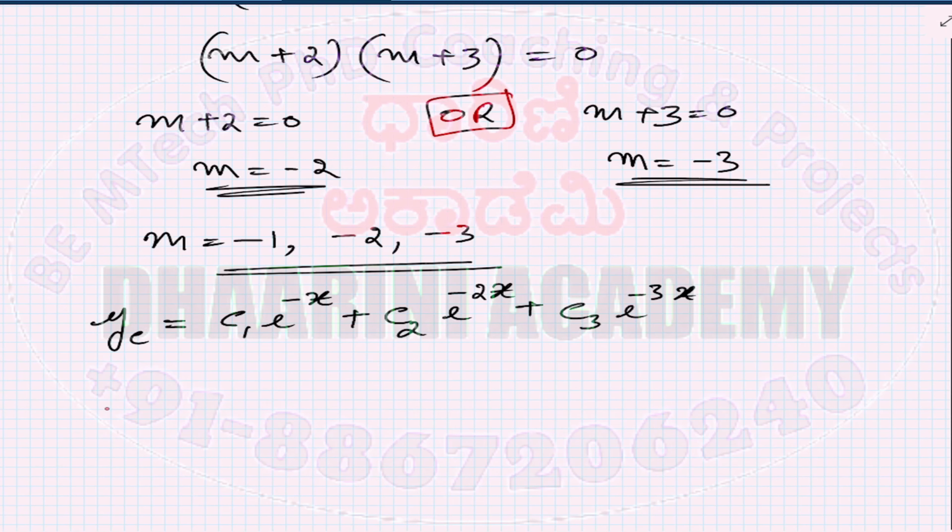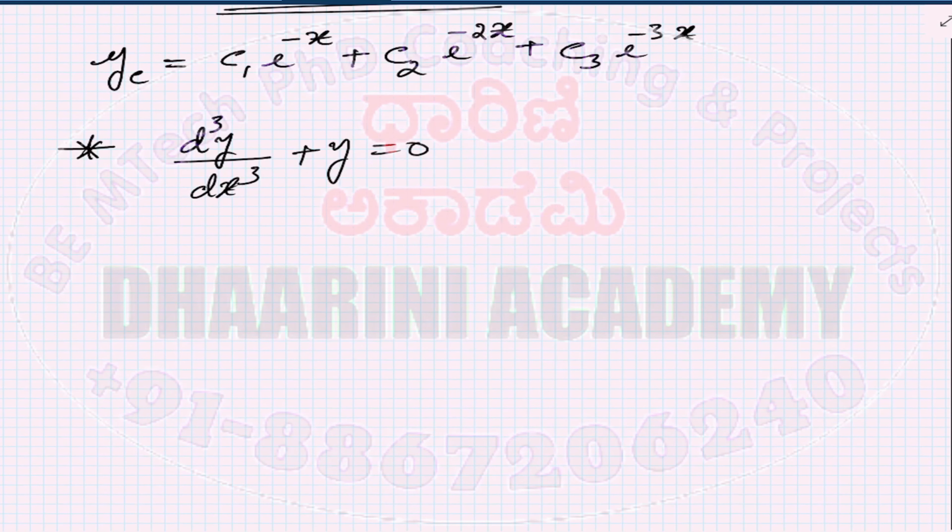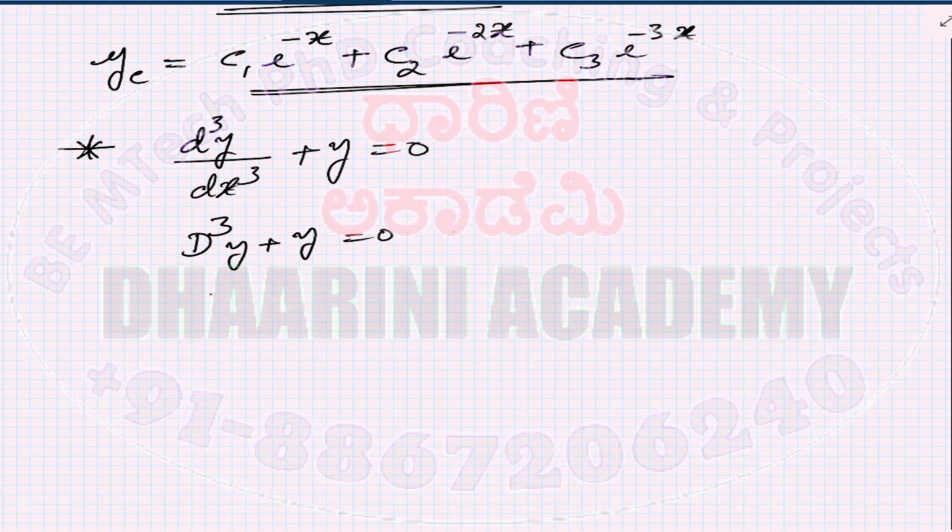The question is d cubed y by dx cubed plus y equal to 0. Now as a standard procedure, we write d cubed y plus y equal to 0.